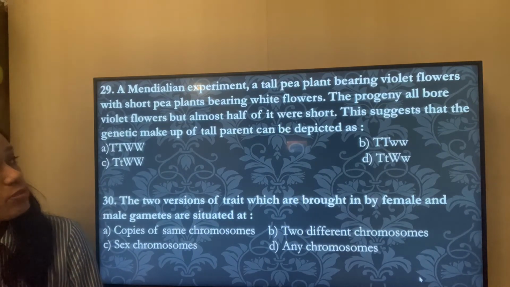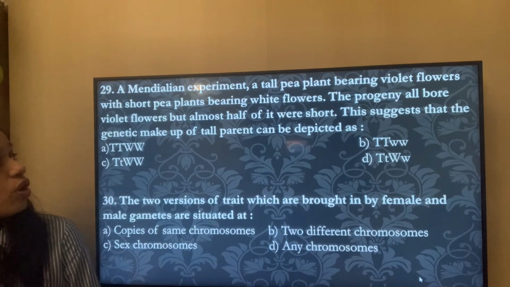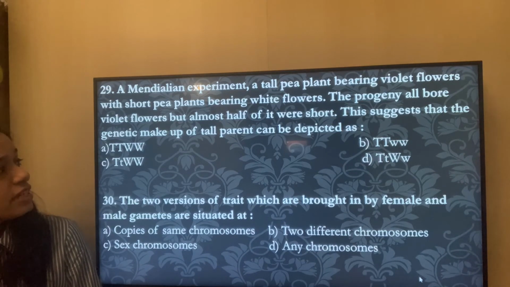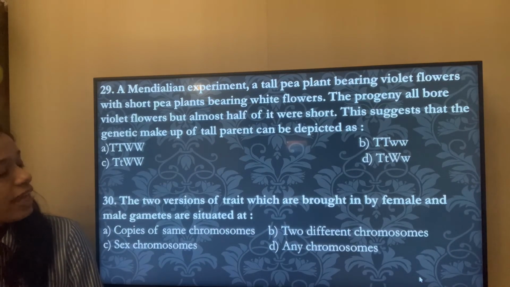In a Mendelian experiment, a tall pea plant bearing violet flowers was crossed with a short pea plant bearing white flowers. The progeny all bore violet flowers, but almost half of it was short. This suggested that the genetic makeup of the tall parent can be depicted as.